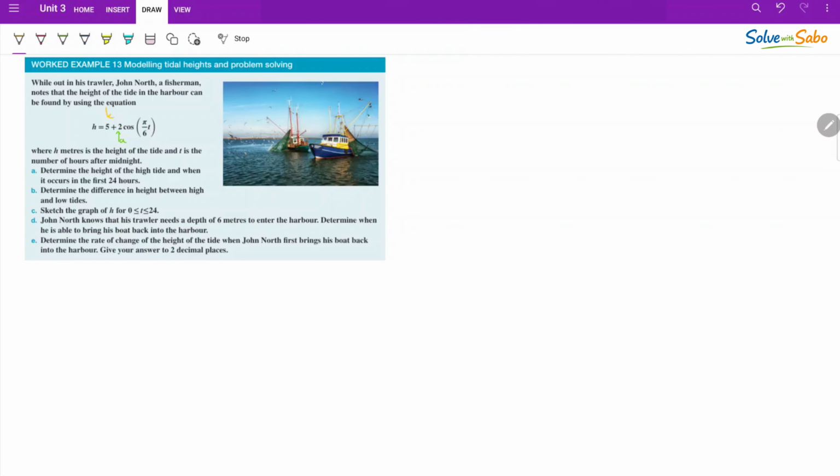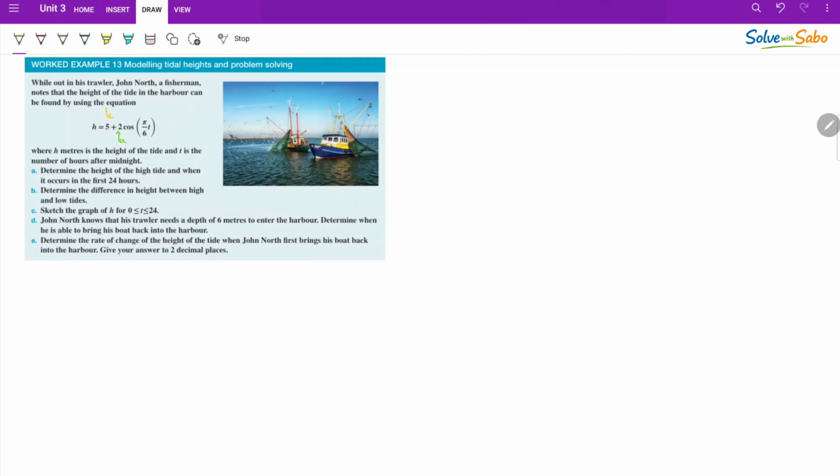Knowing what our transformations do, my equilibrium's at 5 and I fluctuate up and down above that. So straight away, just looking at those two numbers, my highest height is going to be 7 and my lowest height is going to be 3. Just using those two transformations.